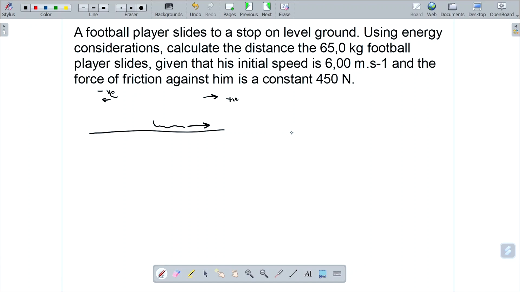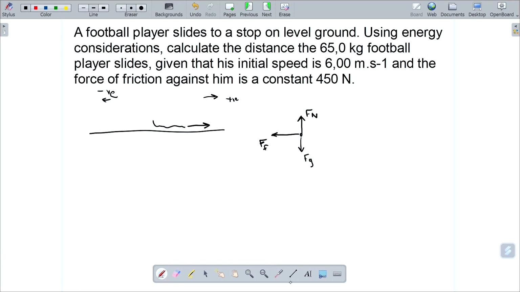We can draw a free body diagram of the forces acting on the footballer. And the force that we have is the force of friction, that is to the left in this case. The normal force, which is the force that the ground exerts on the football player, and also the weight of the football player, the force the football player exerts on the ground.